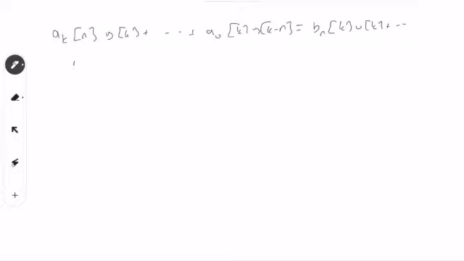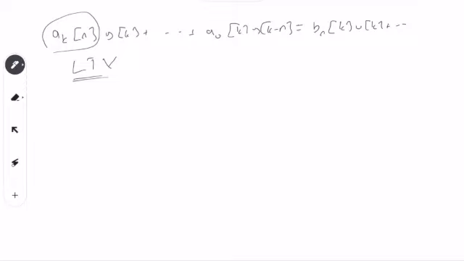Now this is linear because all of the y and u terms are in a linear form, but it's time varying because all of the coefficients are changing with time. So we made it a linear time varying system.